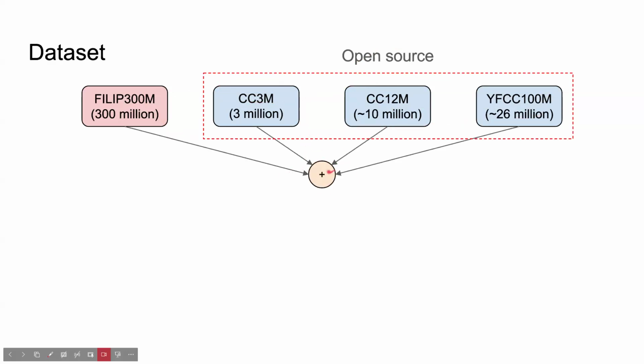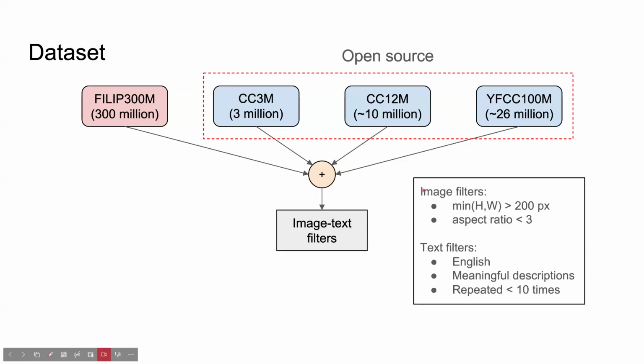They combine these and apply some image text filters to get more quality data. Specifically for the images, they take only the images for which the minimum of the height and the width is greater than 200 pixels. You don't want it to be too small, and the aspect ratio must be less than 3.